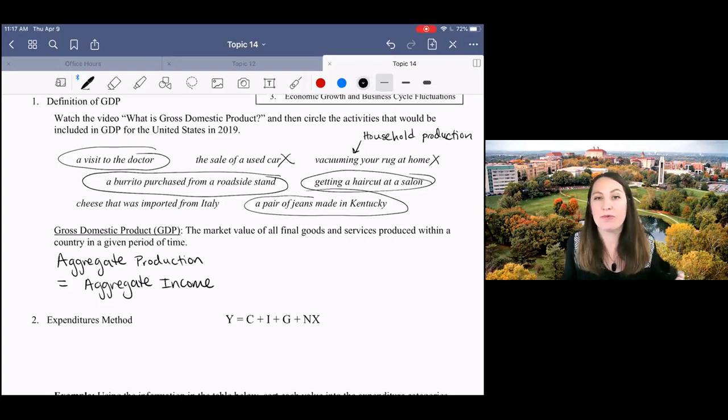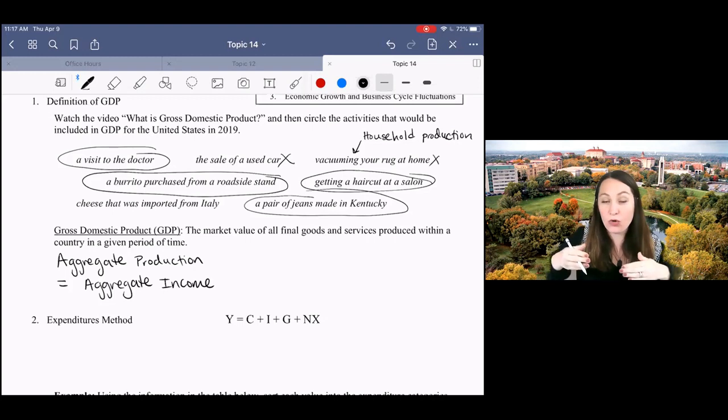When we have a lot of production, we're producing a lot of stuff, that stuff has value, okay? People are gonna sell that stuff. And in the aggregate, total expenditures is equal to total income. So everything that's being sold has a buyer and a seller.